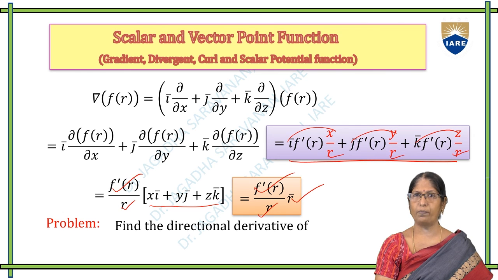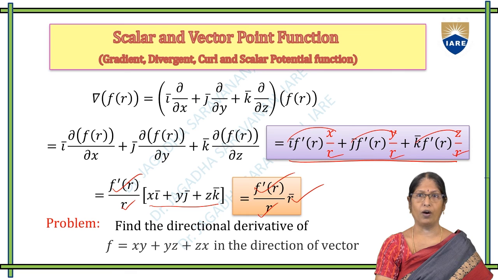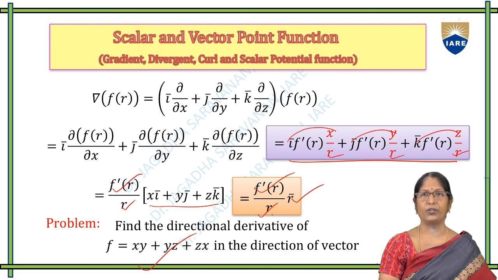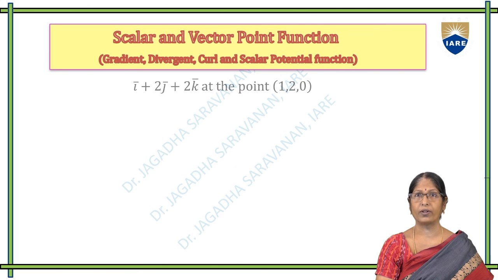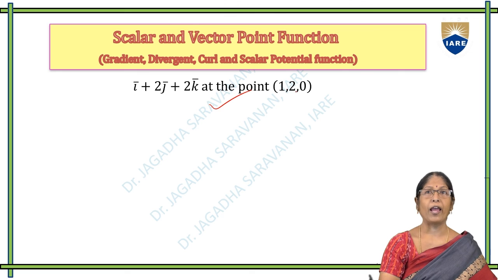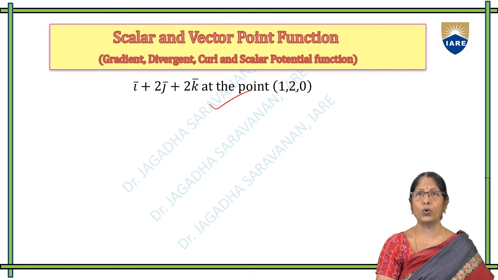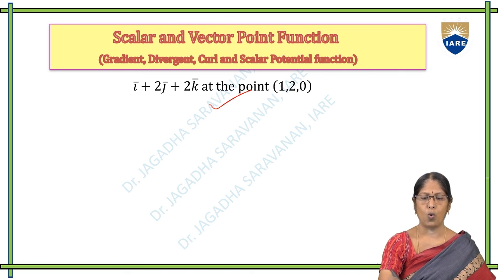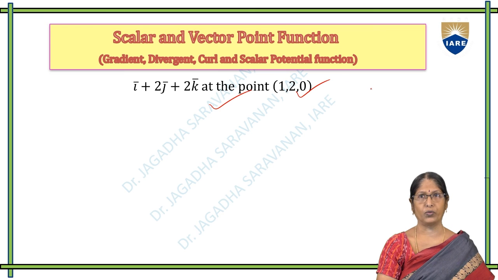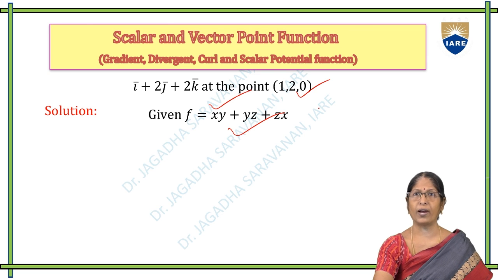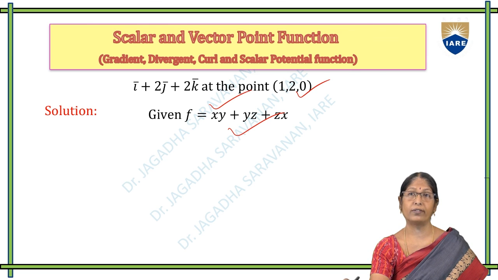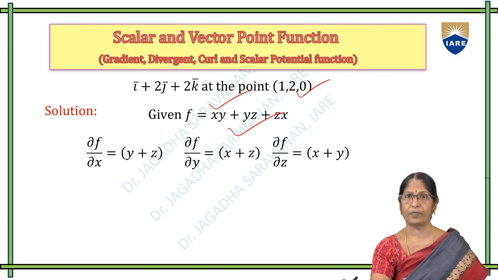So the next problem is: find the directional derivative of f equal to xy plus yz plus zx in the direction of the vector i plus 2j plus 2k at the point (1, 2, 0). First, the given f is nothing but xy plus yz plus zx.